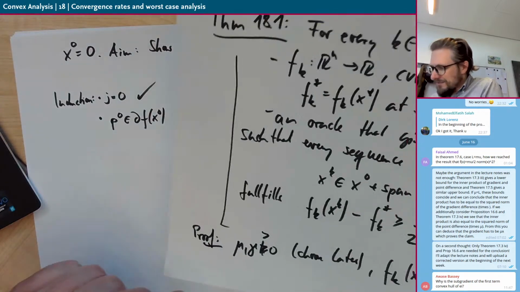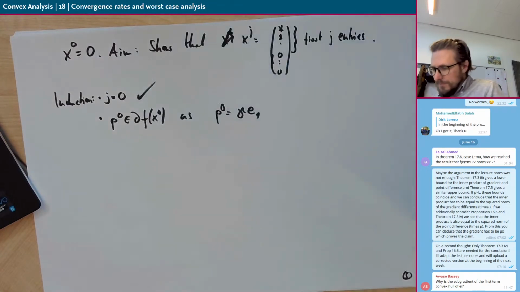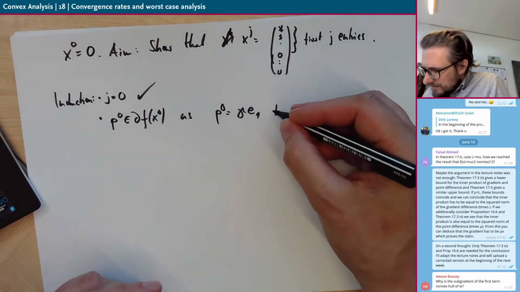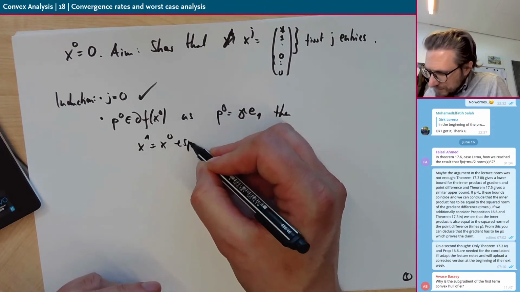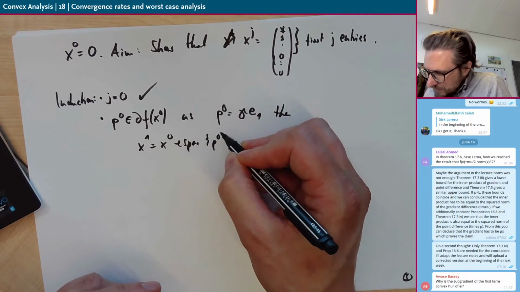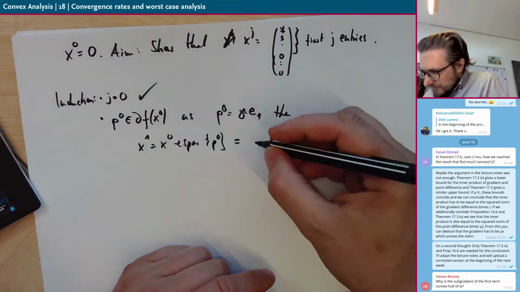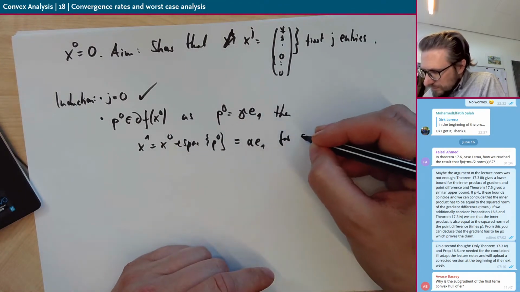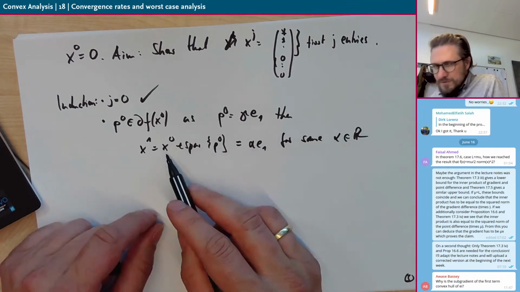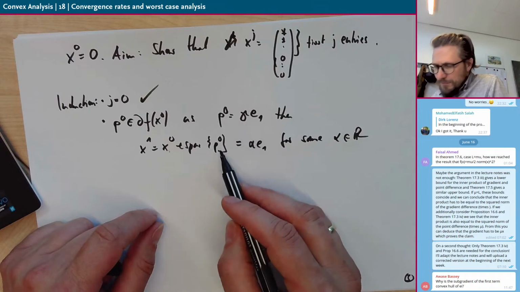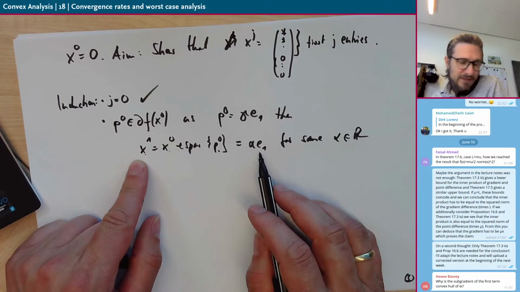Our claim is that the oracle is part of the annoying function. Then it's clear that x1 is of the form x0 plus the span of p0, so it's alpha times e1 for some alpha in R. Because x0 is 0, this can only be a multiple of the first basis vector.